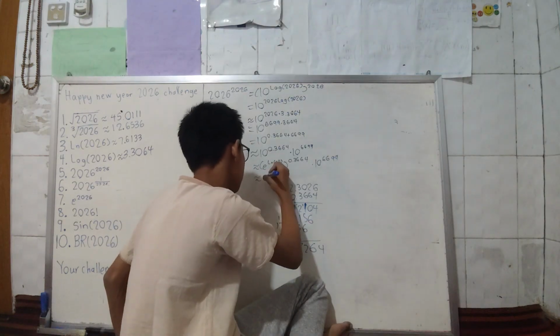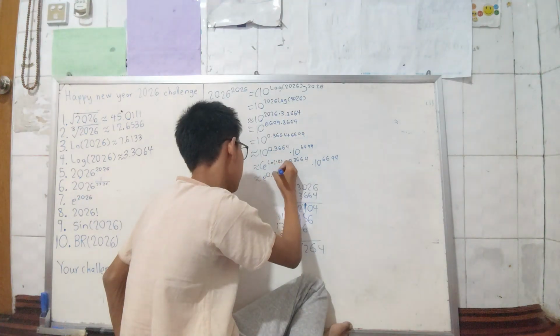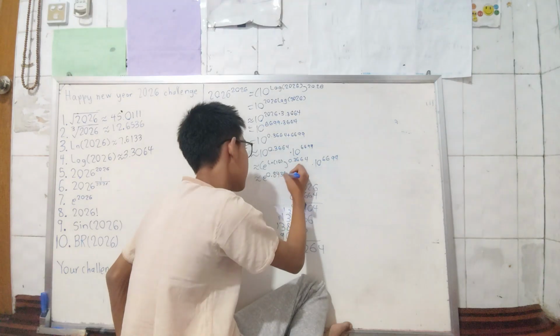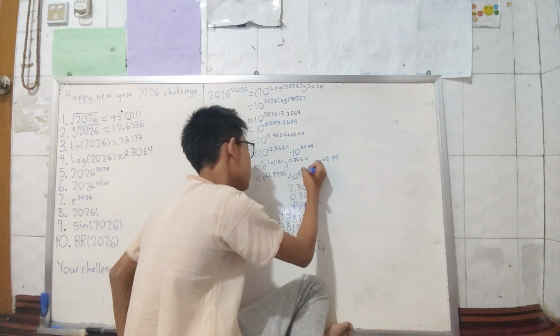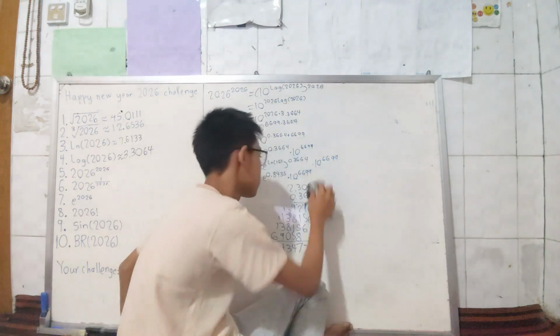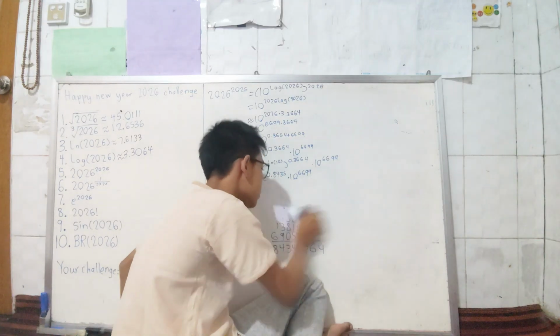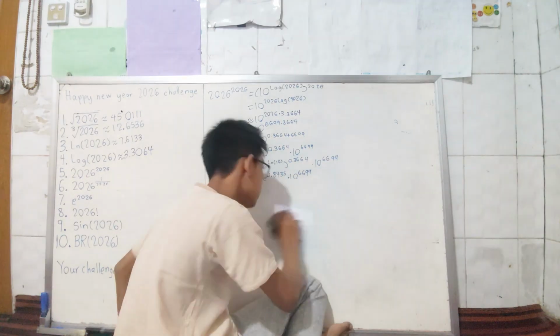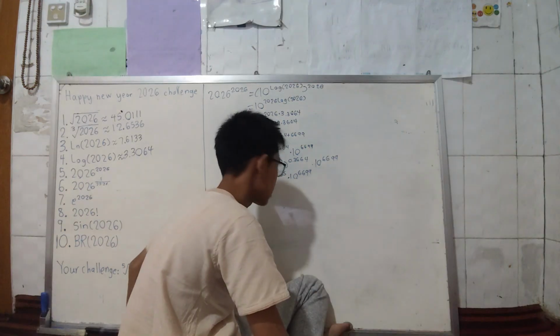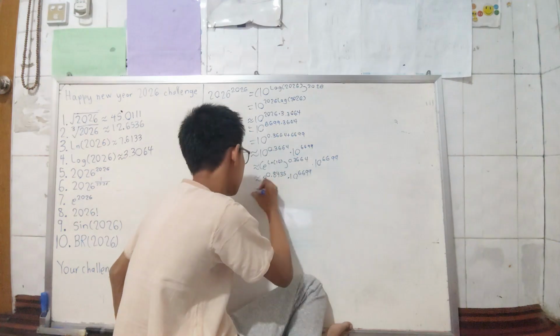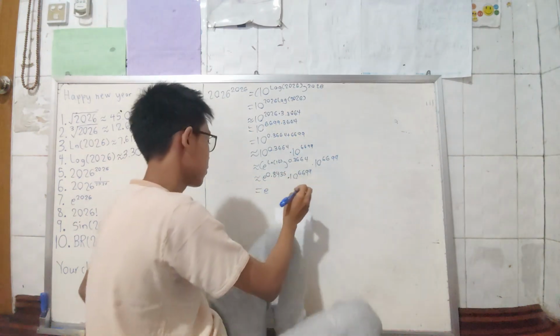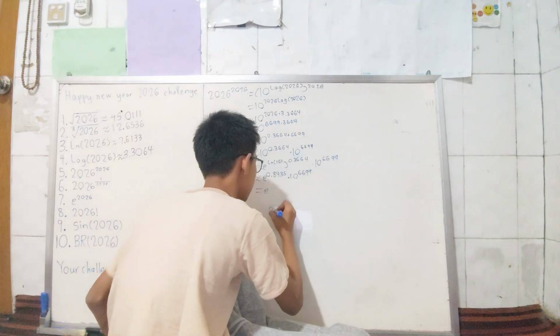That's going to be e to the 0.8435 times 10 to the 6699. So that's going to be e to the, we're going to factor sum of factors.